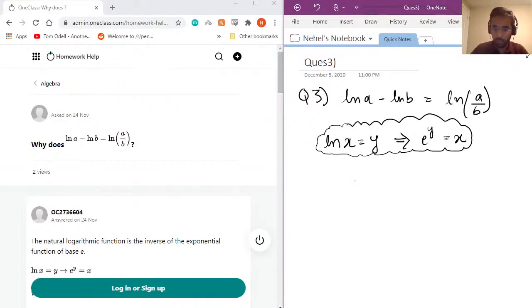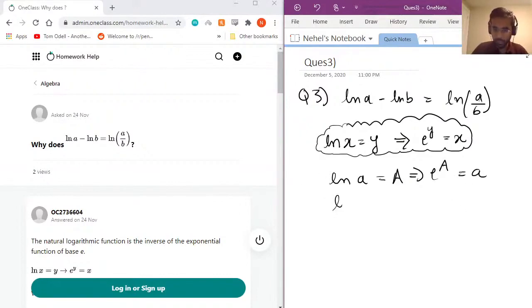Let's look at what ln a would look like. ln is the natural logarithm, which is to the base e. If ln a is equal to some value capital A, we don't need to know the value, it will be some numerical value. Applying this principle, the y becomes the power and x becomes the answer, so we get e to the A is equal to small a.